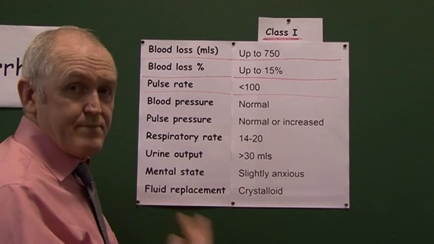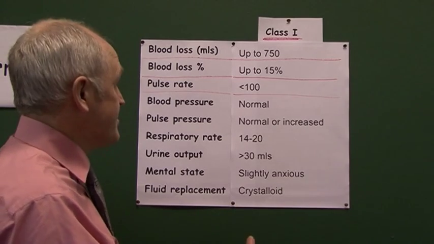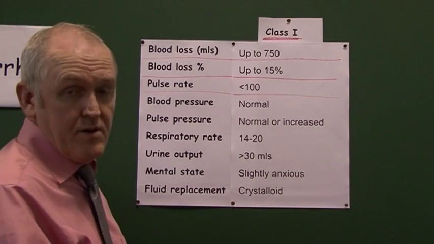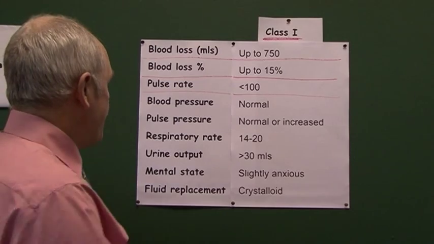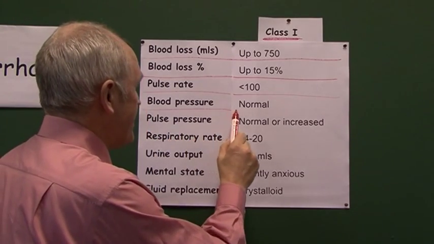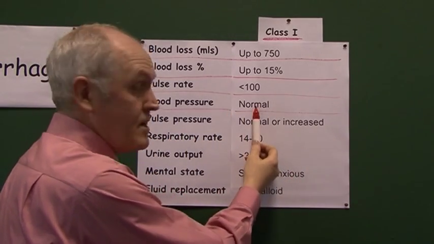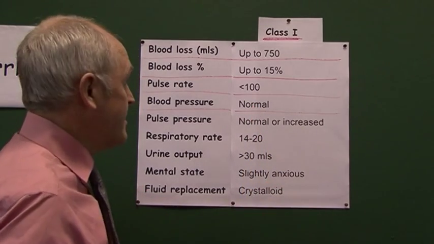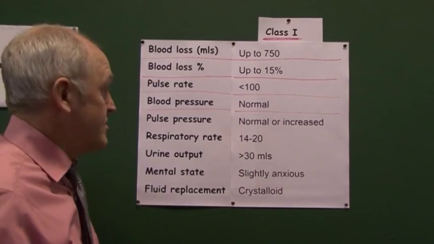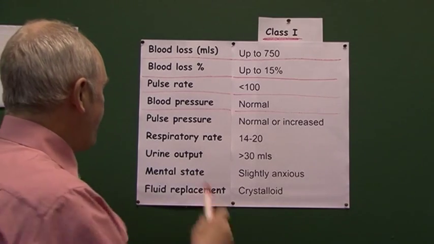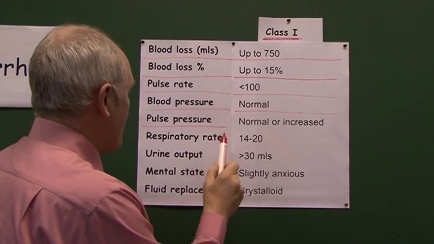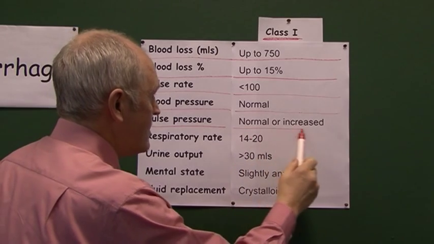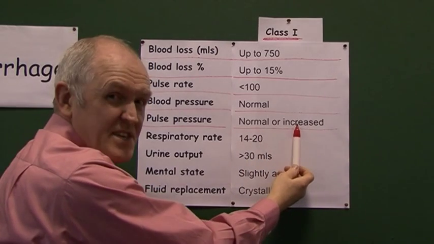So we're not going to get a profound tachycardic response with this level of blood loss. The systolic blood pressure will still be normal. They're not going to drop their systolic blood pressure as a result of this degree of hemorrhage. The pulse pressure will probably be normal, or it can even be increased.